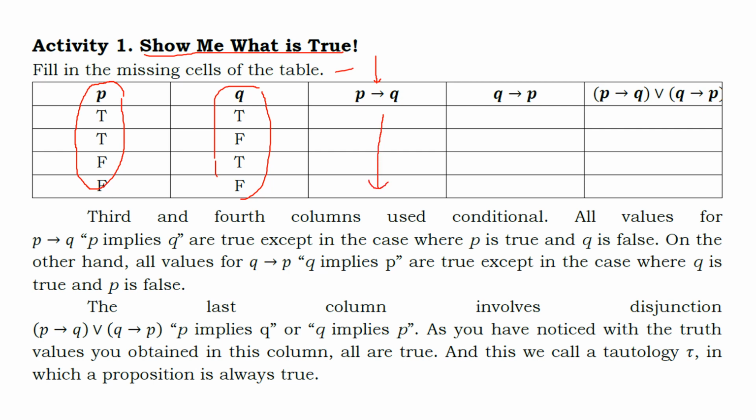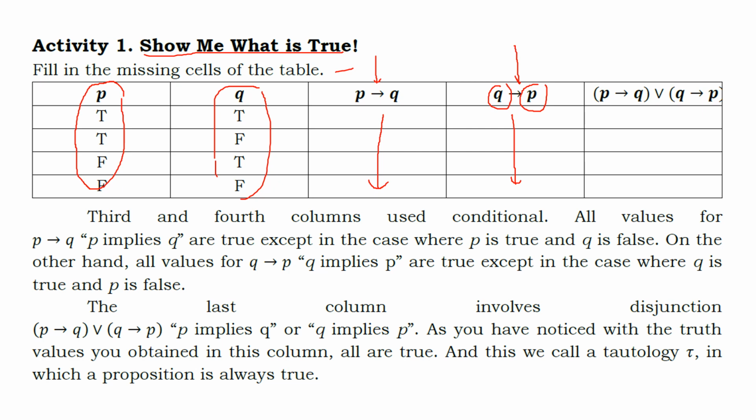The next thing is when Q becomes your first proposition and the second proposition is P, using the same conditional. Is it the same values that we get from the third column? You need to check if this P conditional Q has the same truth values as Q conditional P. It's up to you to find out if they have the same truth values.